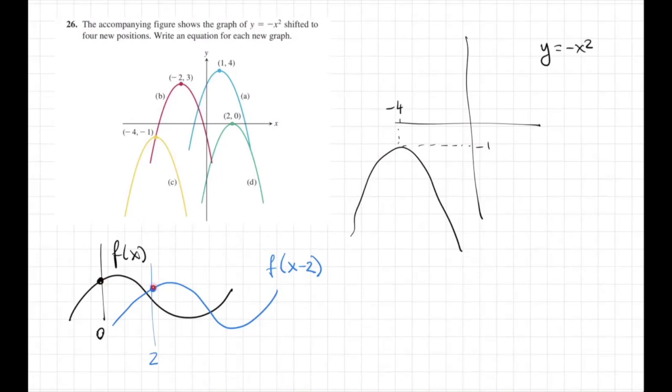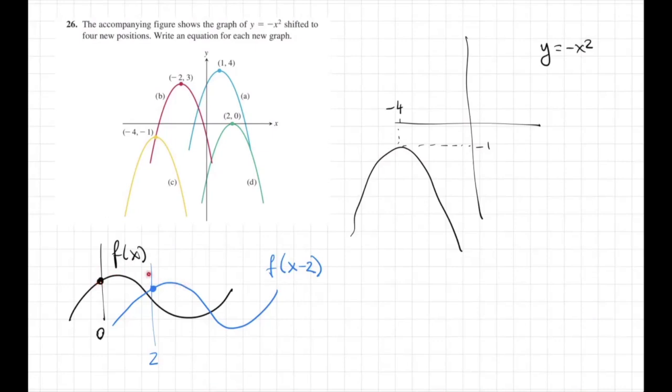At this point, what I should get is the original function's value at x equal to 0. When you draw this blue graph, at x equal to 2 you go to the original function f and calculate the value of the function at 0.